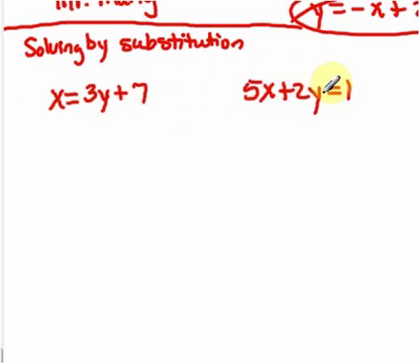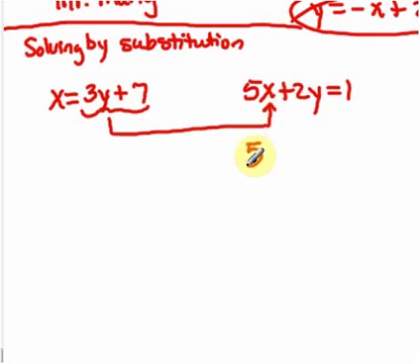In order to substitute in for something, they have to be equal. Well, right here, this tells me x is equal to 3y plus 7. This equation is solved for x, and I know what x is equivalent to. So I should be able to take what x is equivalent to and put it into the second equation where I see the x.